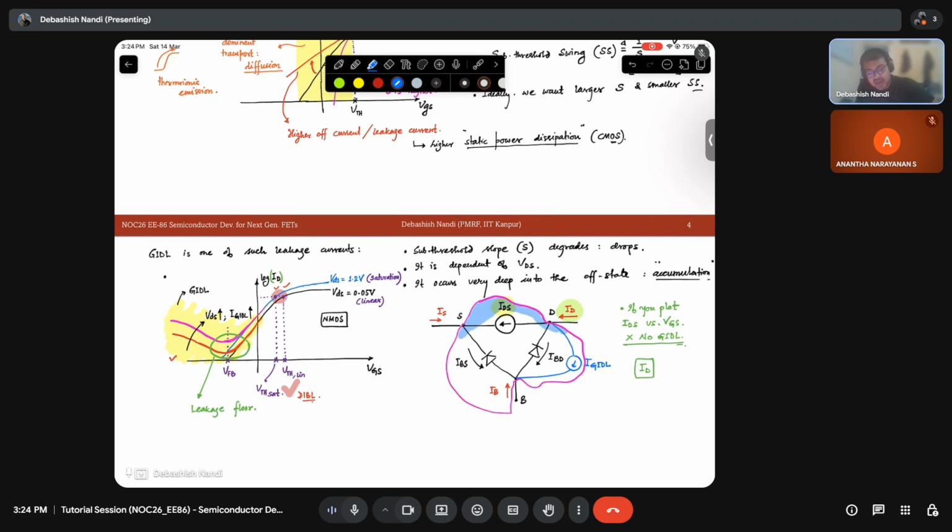What you have access to is just these three terminals and of course the gate. This entire blue stuff is inside the package, whatever is happening. So you will just be able to see the drain current. Is it clear that ID and IDS are not the same? Whatever we are plotting here is log of ID, not IDS. Fine?